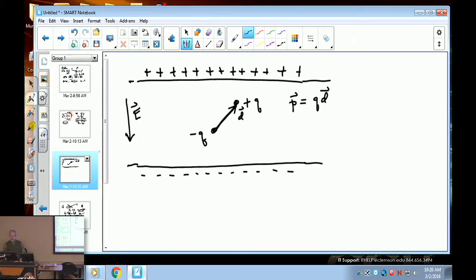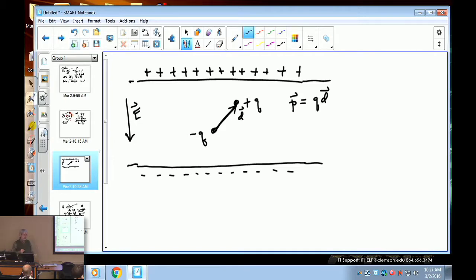Now you can see quite easily, just by reminding yourself of how the electric field is generated, what will happen to this dipole, right? The positive charge is going to be repelled by the top plate, and the negative charge is going to be attracted by the top plate. And so this dipole is going to want to flip so that the positive end ends up down towards the negative plate, and the negative end ends up towards the positive plate.